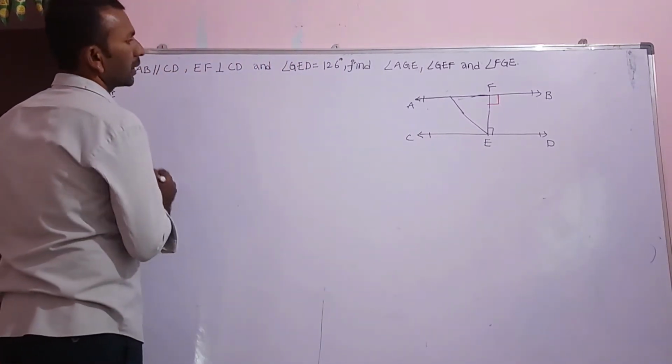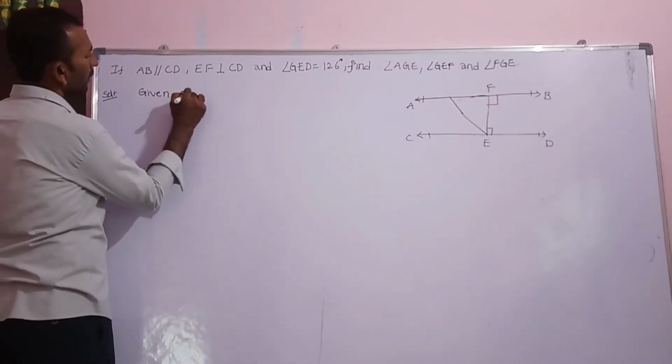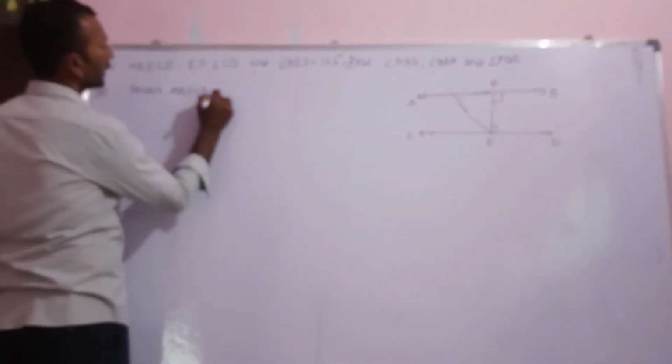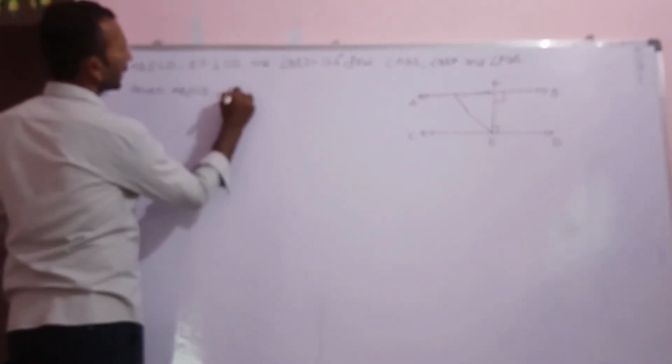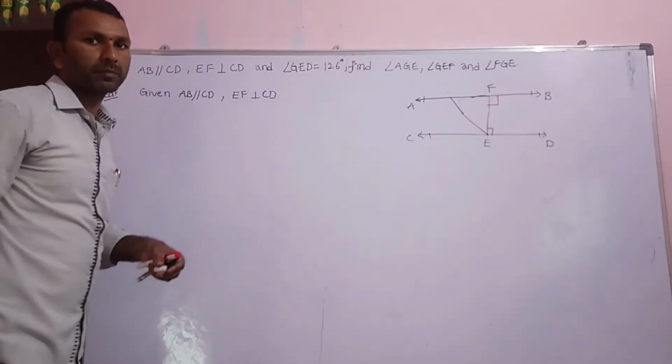Now write what is given here. Given: AB parallel to CD, another one, EF perpendicular to CD. And one angle is given.